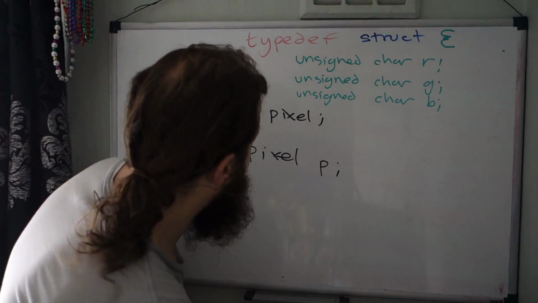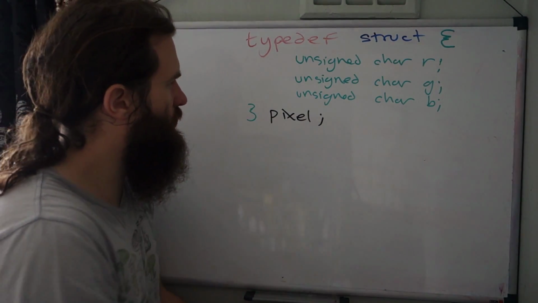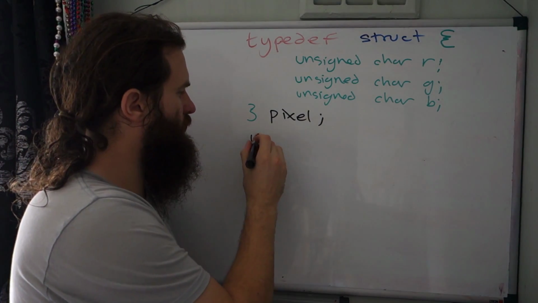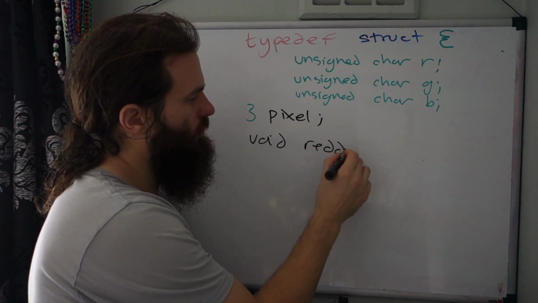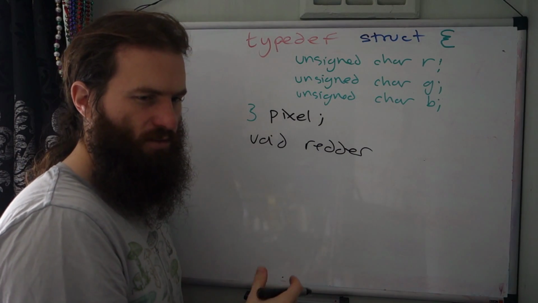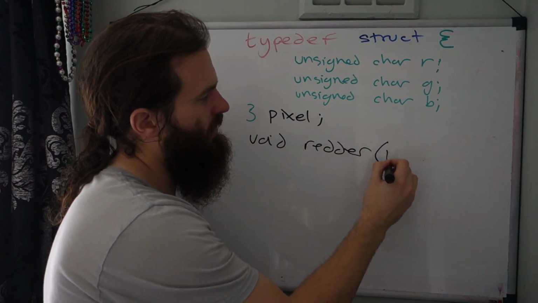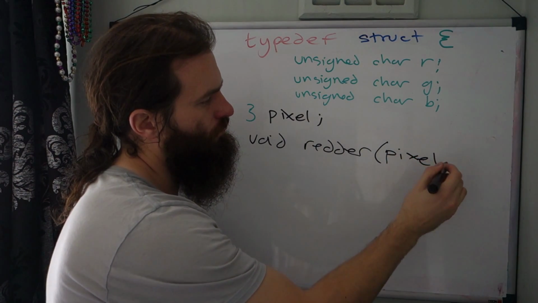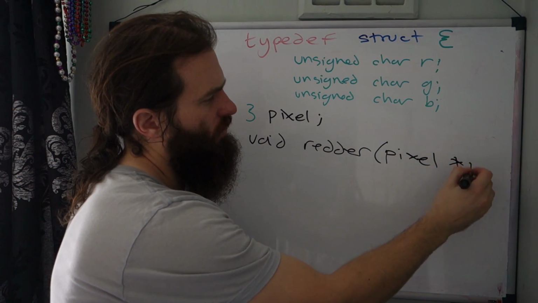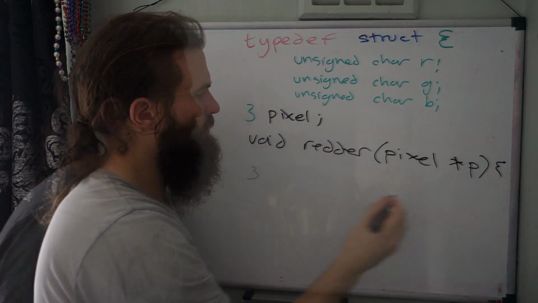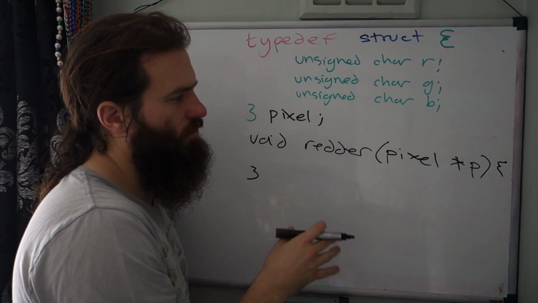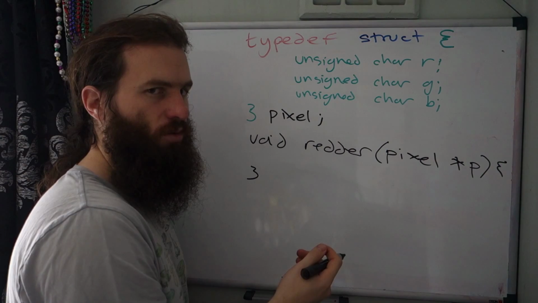So let's imagine that we've got our function, and our function is just going to be void redder. It's going to try and make the pixel redder, and it takes a pixel pointer as an argument.